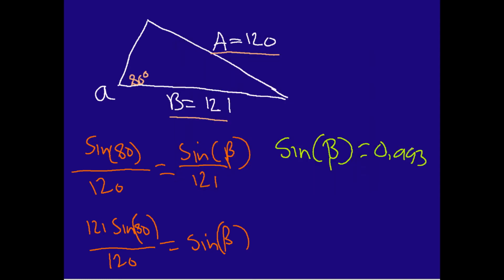Now we have to find the inverse, so we take sine to the negative one power of 0.993, which will give us our approximate answer.